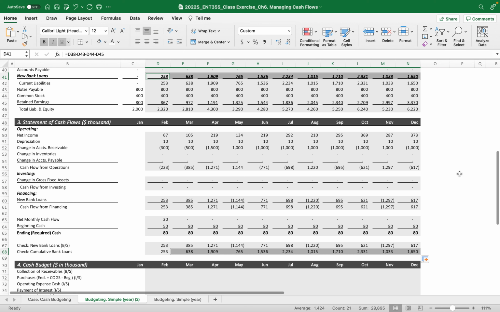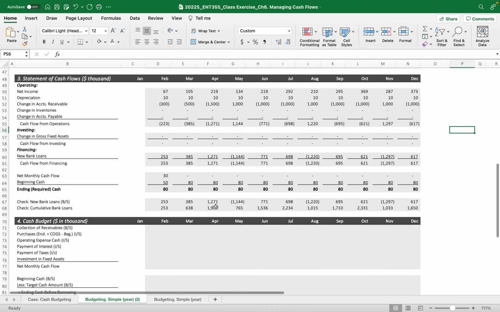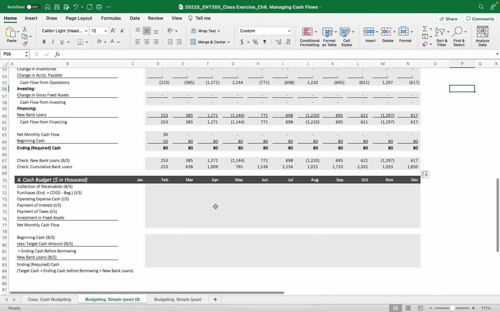Then we checked. Okay, and then finally the cash budget. In the cash budget, the total net monthly cash flows and the ending cash before borrowing and the new bank loans, this ending cash should be matched. Here are the collections. How do you get these collections? We assume that 100% of the credit sales are collected next month.